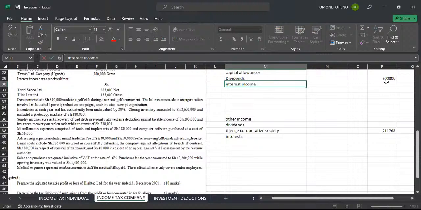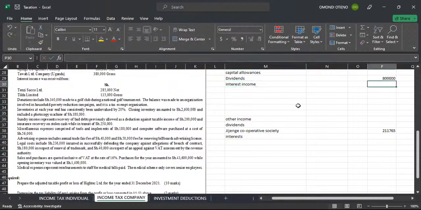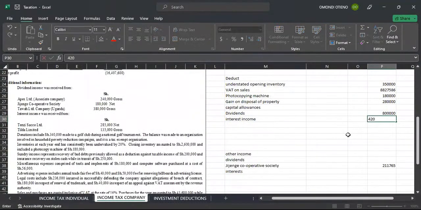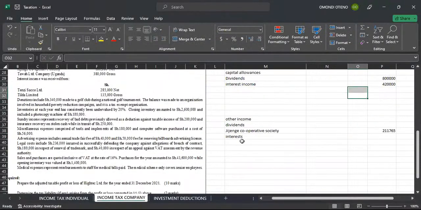Interest income, we subtract all of it, and then we add back what is supposed to be added. So the interest income given to us, the total value is 420,000. Inside this 420,000, which we've subtracted, we now need to add back what was received from Tenzi Sacco and also Tilda Limited.